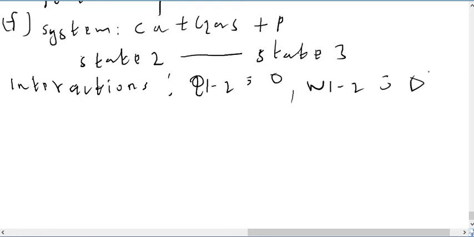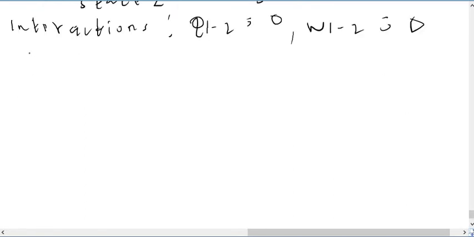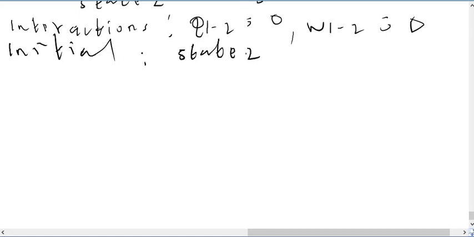So now our initial state will be state 2, and the final state is state 3.